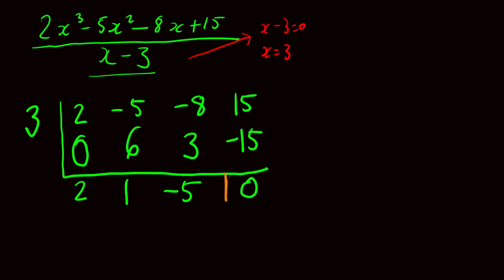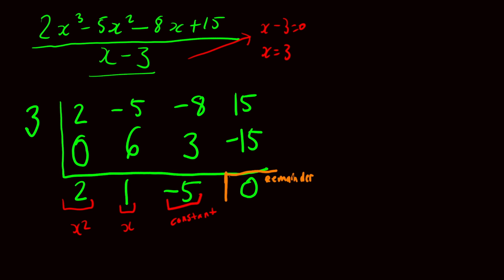Great. So make this last column our remainder. And then red, this is our constant, our x term, and our x squared term. So remember, right to the left of the remainder is constant and then goes from x, x squared, x cubed, x fourth, etc. Okay?